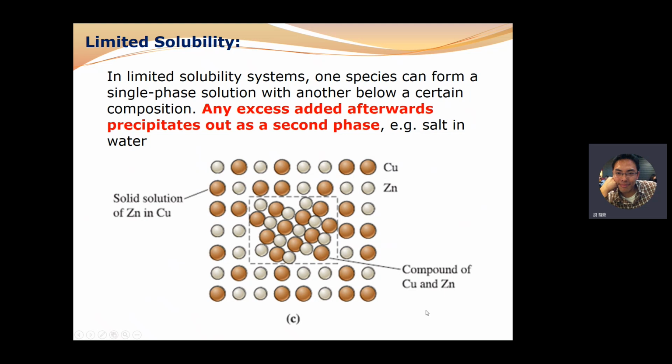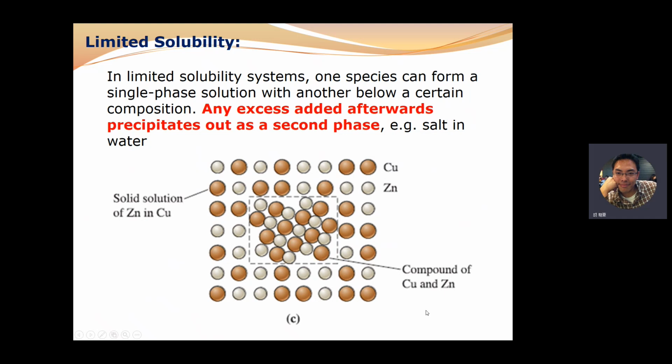In limited solubility systems, one species can form a single phase solution with another below a certain composition. Any excess added afterwards precipitates out as a second phase, such as salt in water or sugar in water.